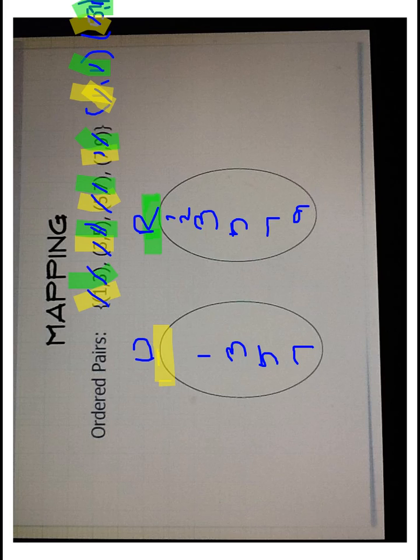I'm going to do my lines in red, but it has to be to the corresponding coordinate. So when we look at 1, our 1 responds to 3. So we need to draw a line across to that. 1 goes to 3. And then right here we have 3 that goes to 5, 5 that goes to 7, and 7 that goes to 9.